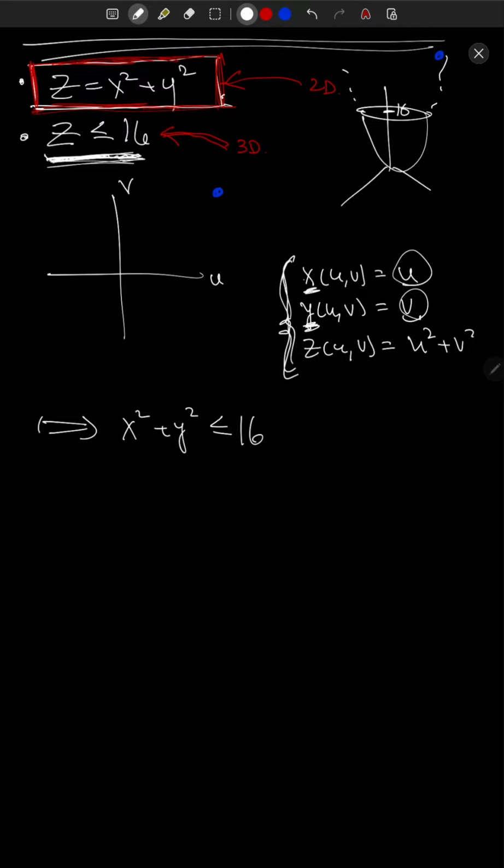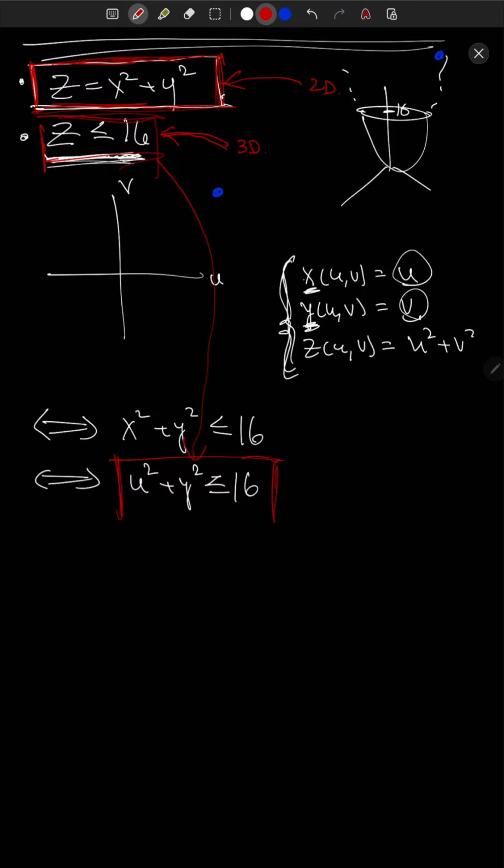So for this particular problem, I want to relate things into x and y. And immediately you can see this means u squared plus v squared less than or equal to 16. So the z less than or equal to 16 directly corresponds to u squared plus v squared less than or equal to 16.